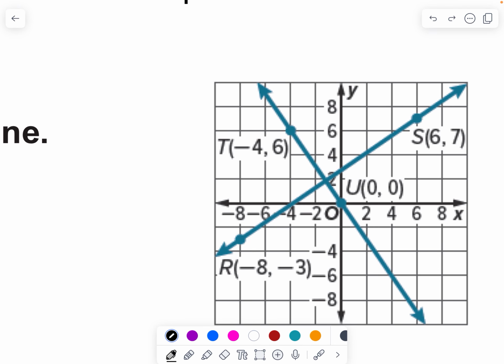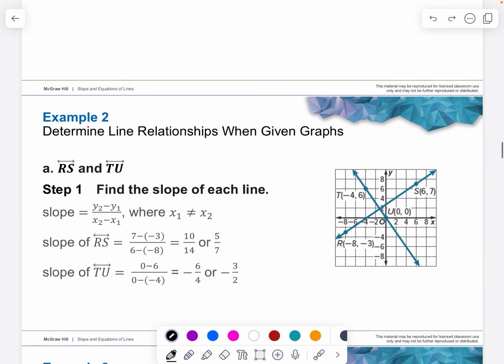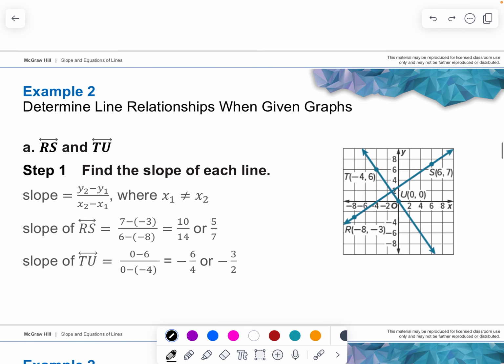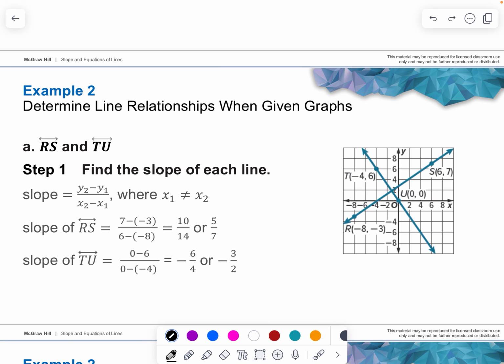So, RS and TU, there they've done the math. The slope of RS is 5/7 and TU is -3/2. And I can tell that they don't match. They're not the same. They don't look like they do that negative reciprocal thing. I'm going to double check with that product thing.